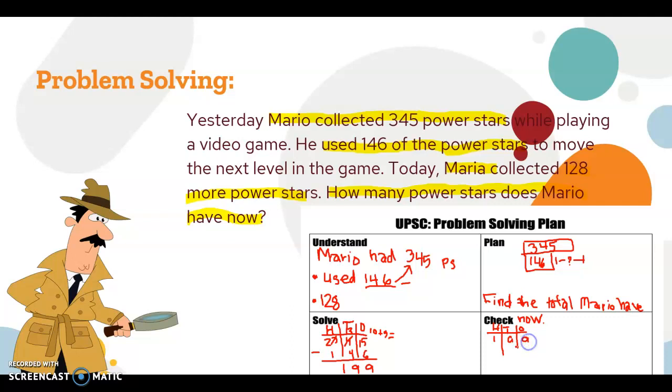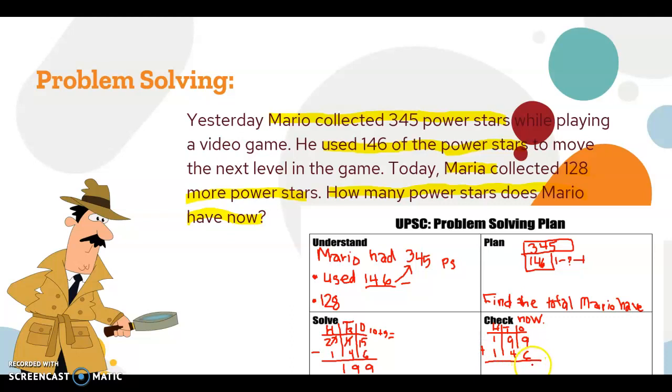So I'm going to add 199 because that is my difference. And I'm going to add it to 146. And I should get a total of 345. If I don't get a total of 345, that means I need to go back and see where I could possibly have an error in my computation.